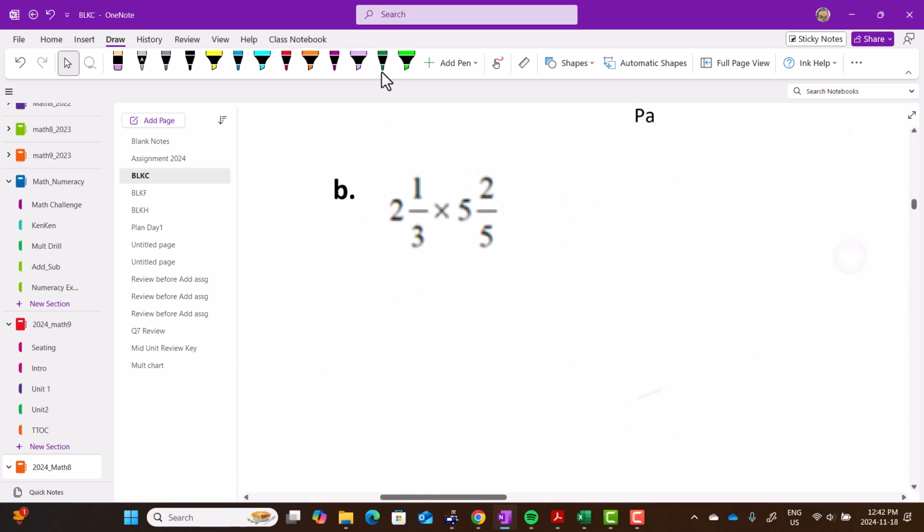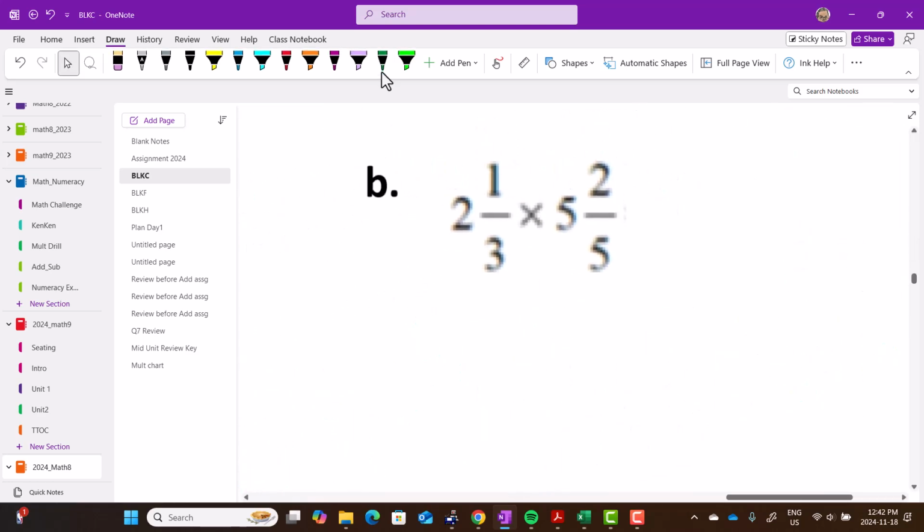Okay, let's do a couple more, because I think you guys got this. Let's try this one here. All right, so the bottom numbers stay the same. Out of 3 times out of 5. All right. Okay. What should the numerator be for the first fraction?